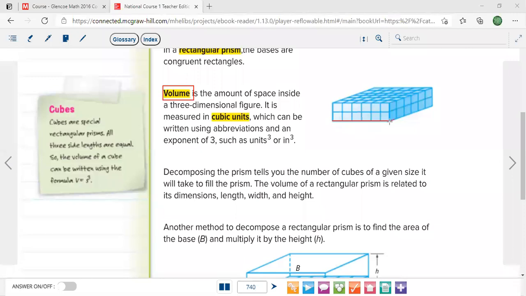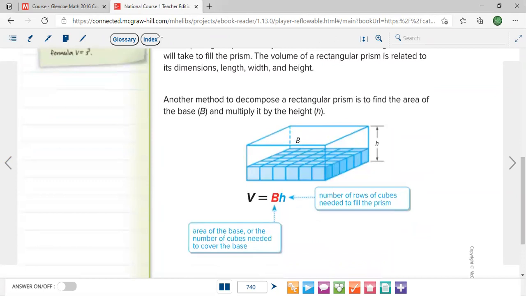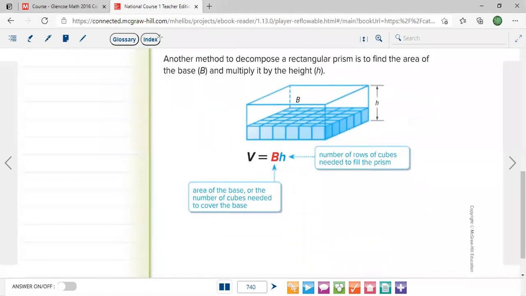We count the width, 1, 2, 3, 4, 5, 6 as well. And we count the height, 1, 2 units. So this will be 6 times 6 times 2 and so on. The same if we use the rule V equals BH, meaning area of base multiplied by the height.